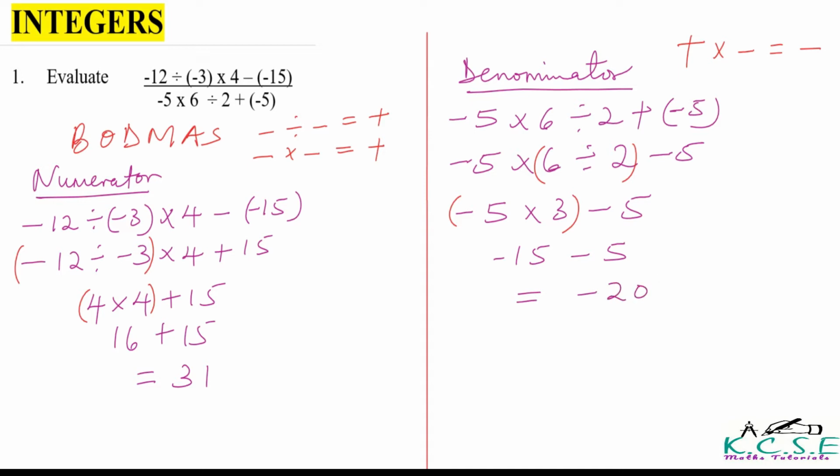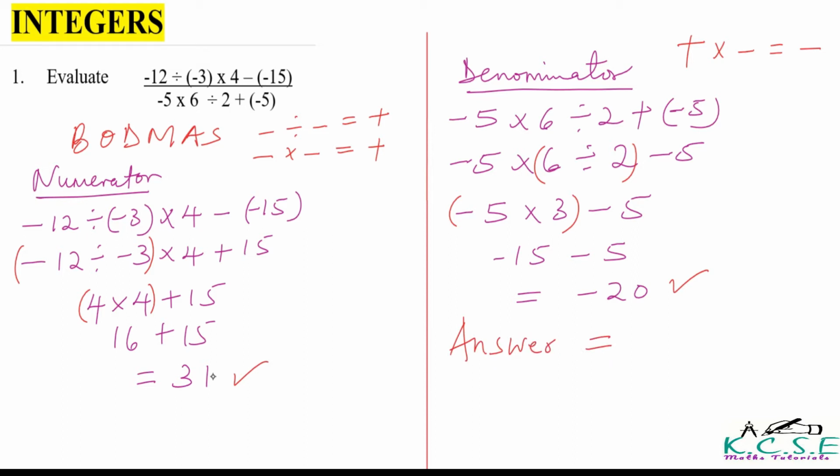Now note that this order of operations must be followed strictly, the way it follows each other. Bracket, order, division, multiplication, addition, and subtraction. Now that we have the solution for the numerator and the denominator, we can proceed and get the answer.